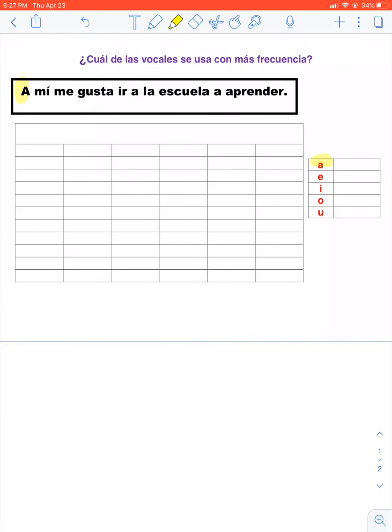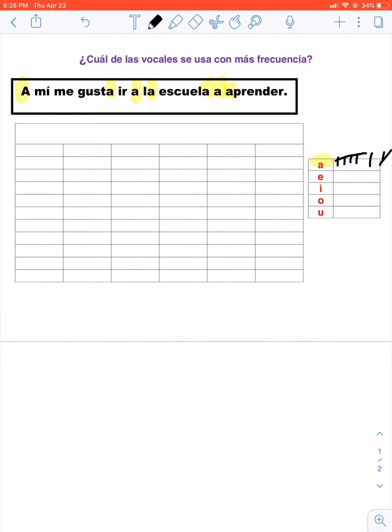1, 2, 3, 4, 5, 6, 7. That's about it. Okay, so now we're going to come over here and we're going to do tally marks. 1, 2, 3, 4, 5, 6, 7.